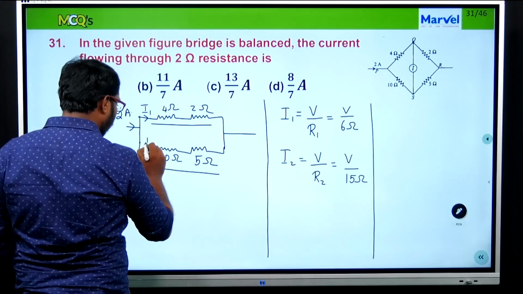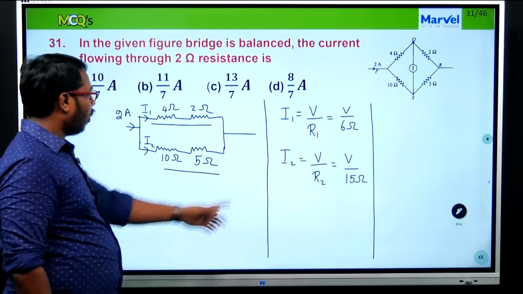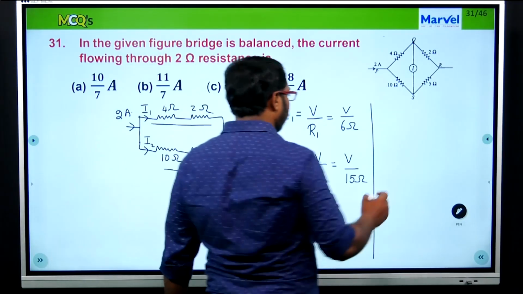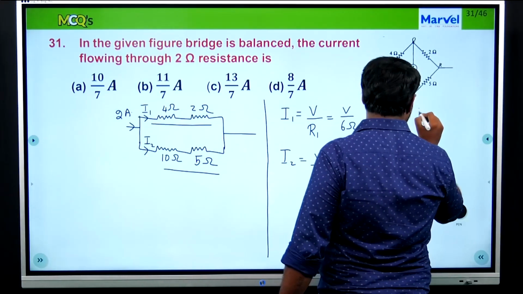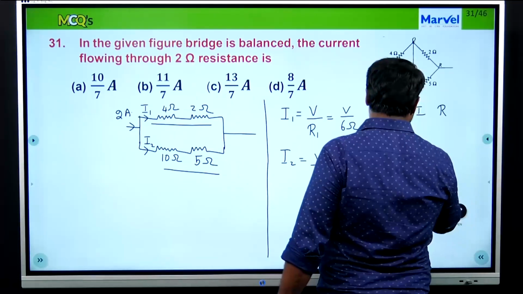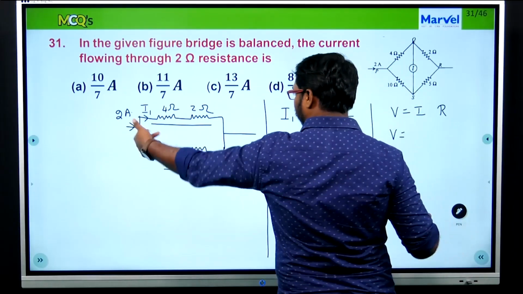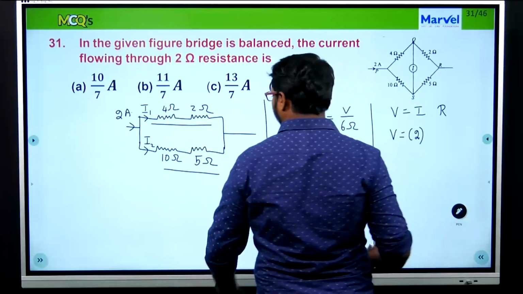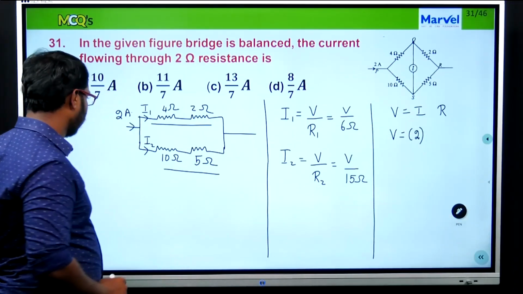This is I1. Okay, so to find I1 you need V. How to find V? Again, V is equal to I into R. We already know the I which is going to flow inside is 2 amperes, and the equivalent resistance is what we have to find first.